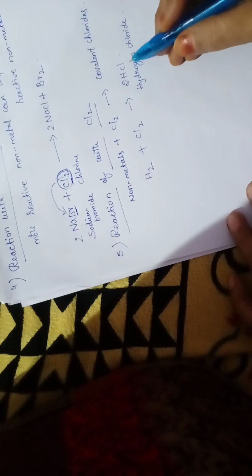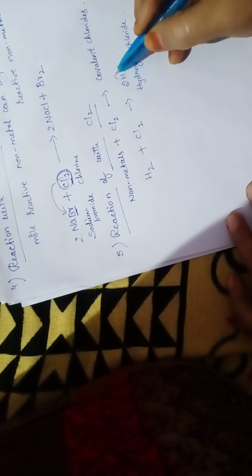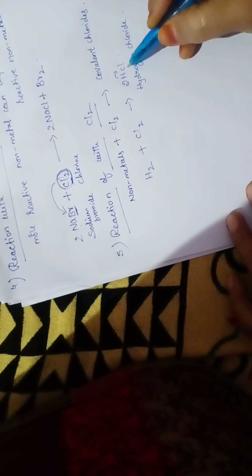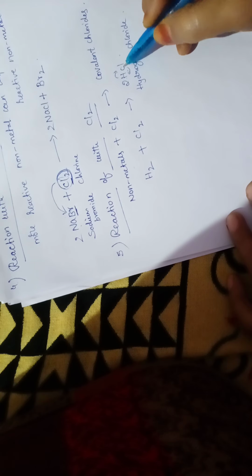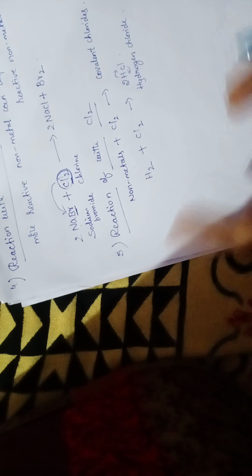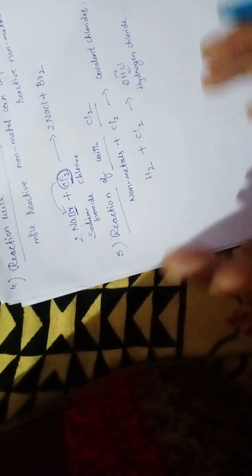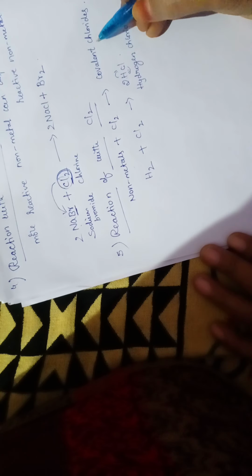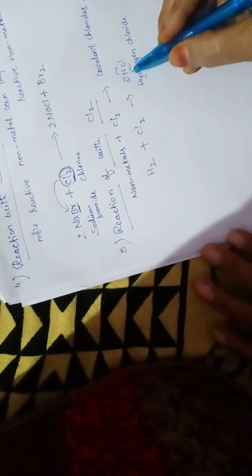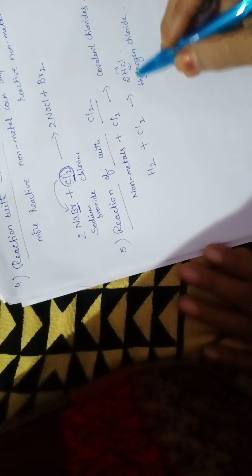Covalent chloride means generally they form by sharing of electrons. Here hydrogen will not give electrons to chlorine, and chlorine will not give electrons to hydrogen. They will share their electrons, and covalent means by sharing. They will not have ions.